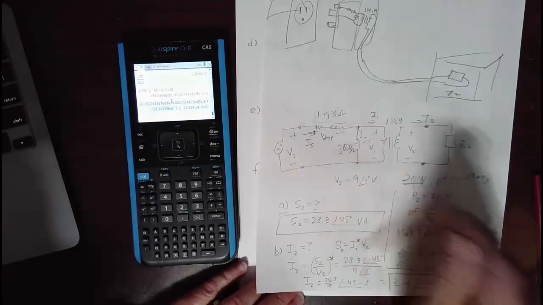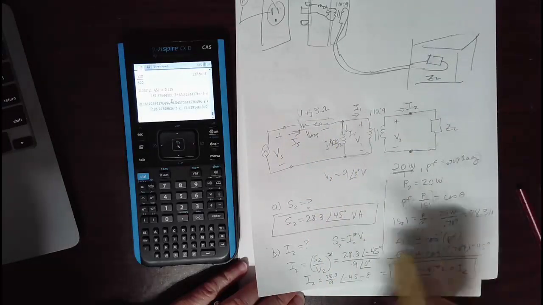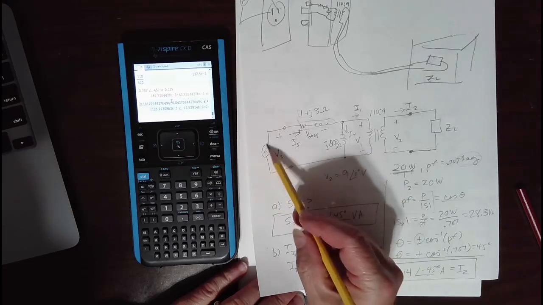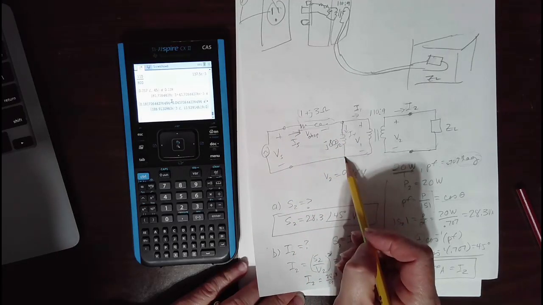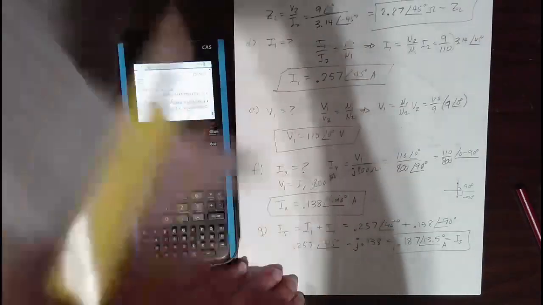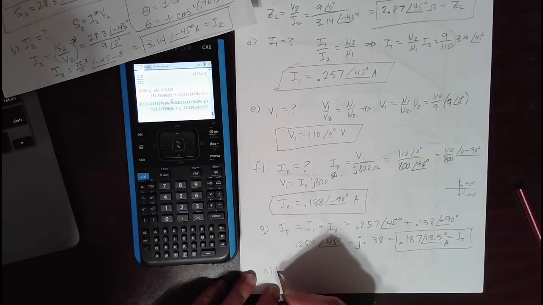We'd like to get Vs. How can we get Vs? Well, we can look at KVL around the loop. So if we start here, negative Vs plus V drop plus V1 equals 0. We'll call this part GH. What is Vs?